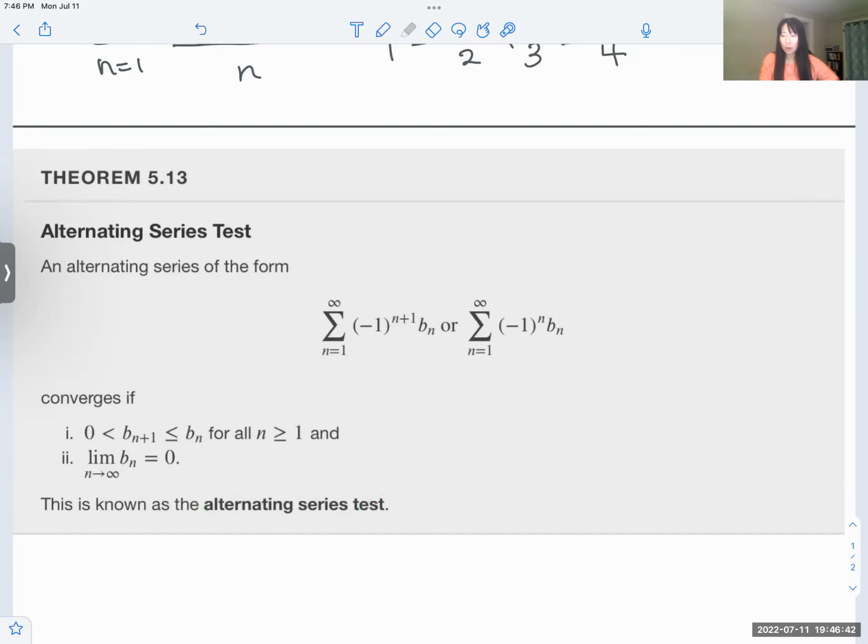The alternating series test does not tell us diverges, only converges. The divergence test tells us only diverges, not converges. So the alternating series test only tells us converges, but we have to check the two conditions.